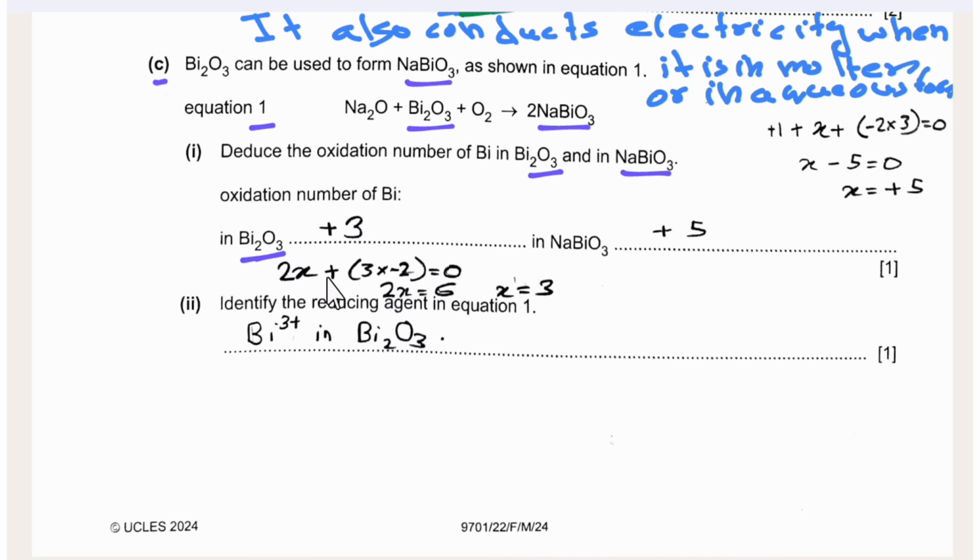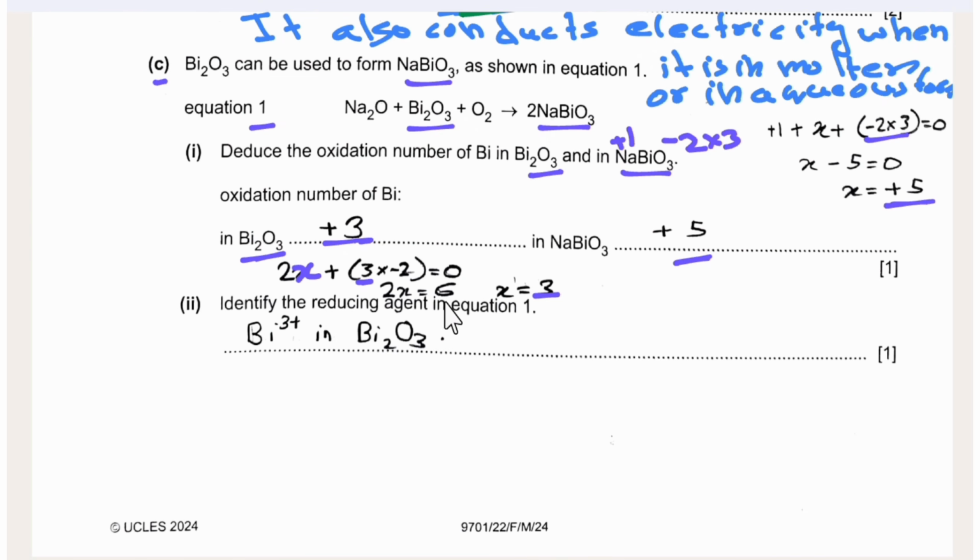For Bi2O3, as there are 2 bismuth, we consider the oxidation number of bismuth as X, and the oxidation state of oxygen is -2, and there are 3 oxygen. After calculating, we get a value of 3, so it is +3. Then for NaBiO3, the oxidation state of sodium is +1, and for oxygen it is -2, and since there are 3 oxygen, it is multiplied by 3. After calculating, we get a value of +5.